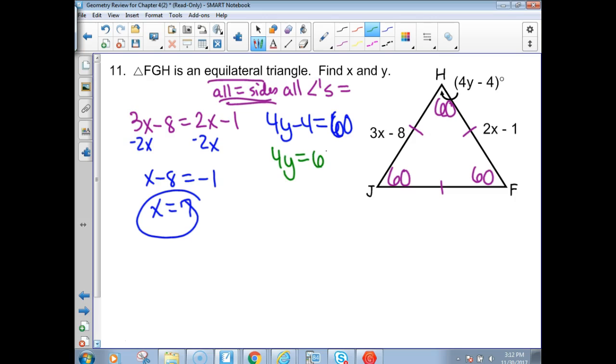Add 4, you get 64. Divide by 4, you should be getting, all right, everybody getting 16? Any more questions about that problem? All right, and each side would have been 13.